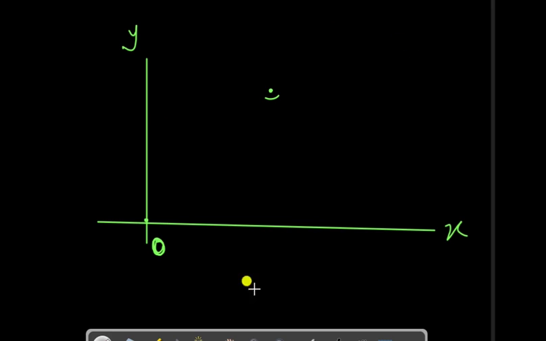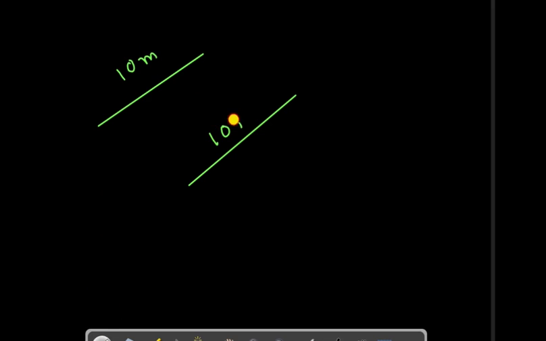These two vectors will be equal vectors. Suppose here I am writing a vector, this is 10 meter, this is 10 meter, making this arrow this side and making this arrow this side. So they are not equal.